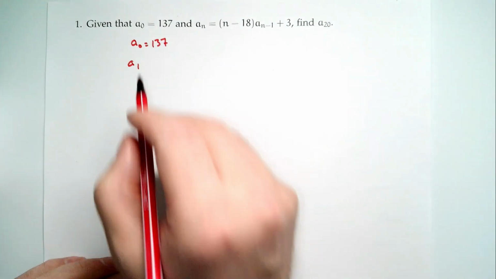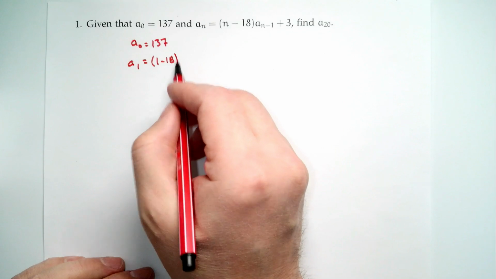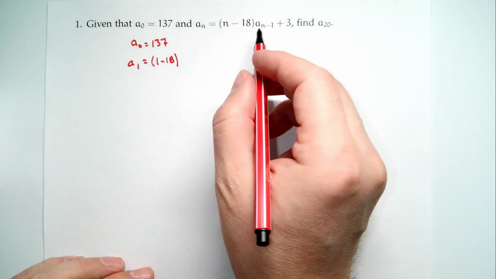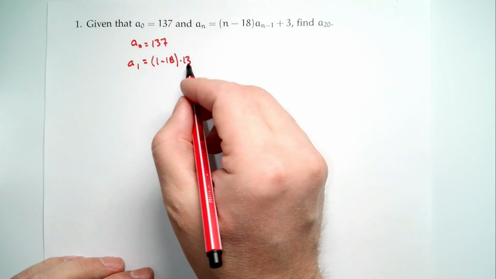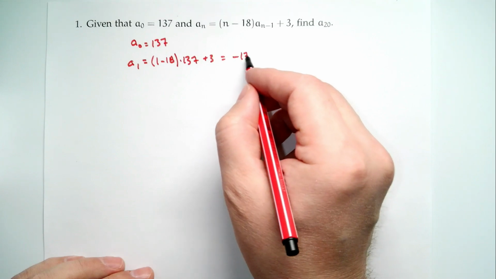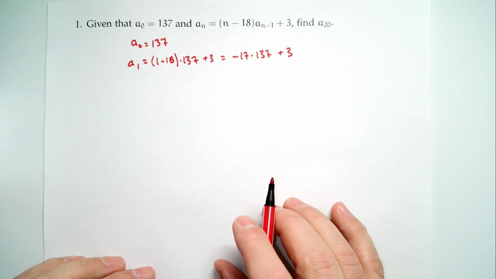A1, what is that? Well, that would be 1 minus 18, because n equals 1, times the previous number, which is 137, plus 3.